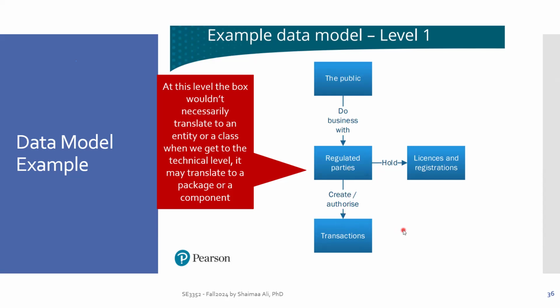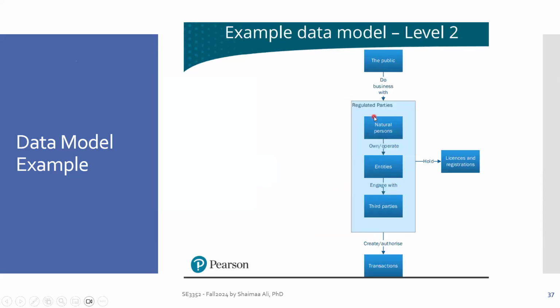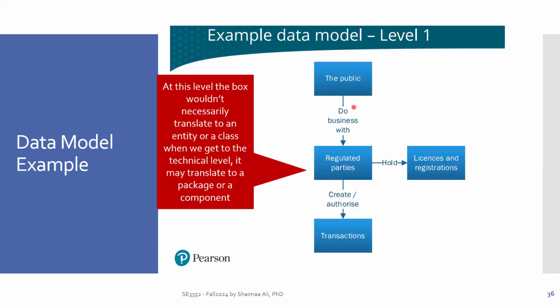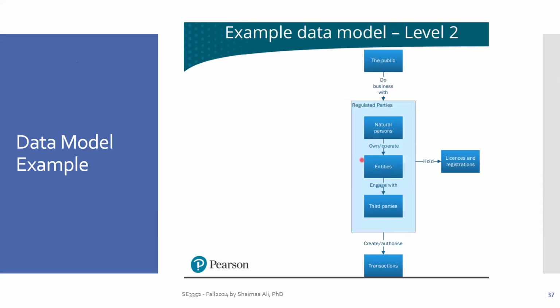Now when we go from level 1 to level 2, we take one of them, let's say regulated parties, and we break it down into a more specific set of entities that all fall under that general category. So the entity that we specified at level 1 becomes a group, okay? So what are the entities that can be under the title of regulated parties?